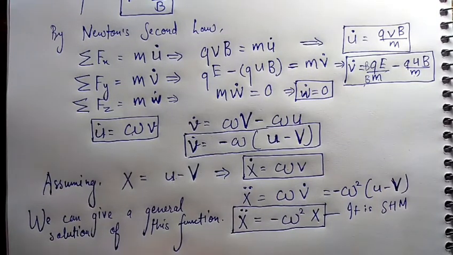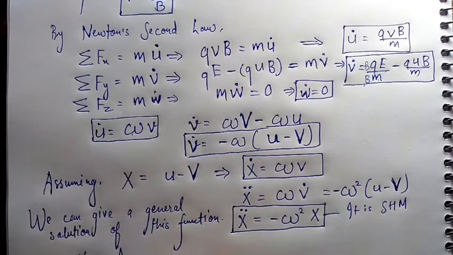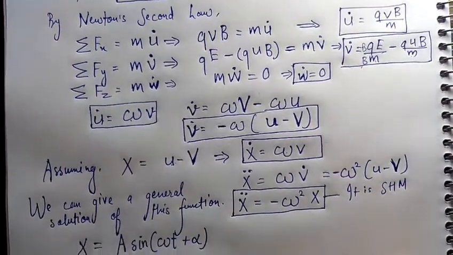Alright, so we can write the general solution of this function x. Let this be a constant, a sine of omega t plus alpha. This has become a very general solution, and this is going to sort out many things.